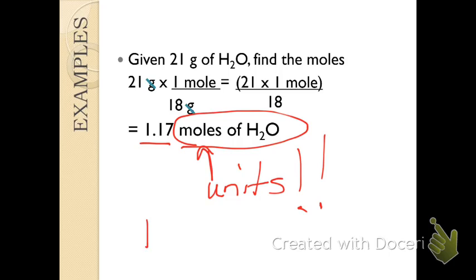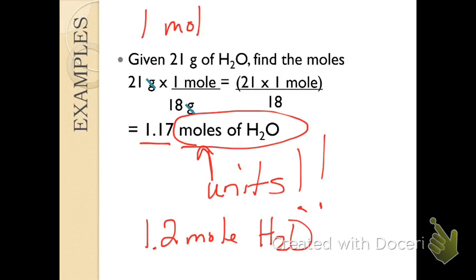I can take 1.2 moles of H2O if I've asked you to give it to me to the nearest tenth. I can take 1.17 moles of H2O if I ask you to give me the answer to the nearest hundredth. And I can take 1 mole of H2O if I've asked you to give it to me to the nearest whole number.